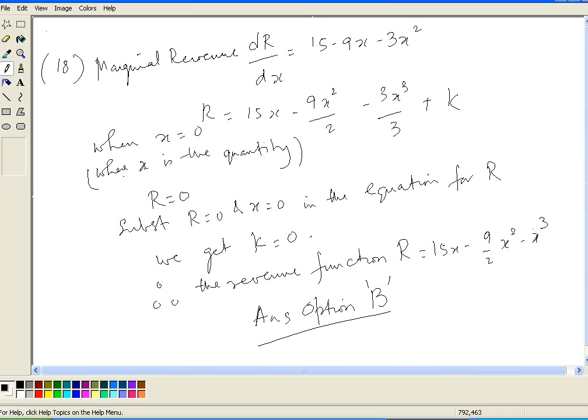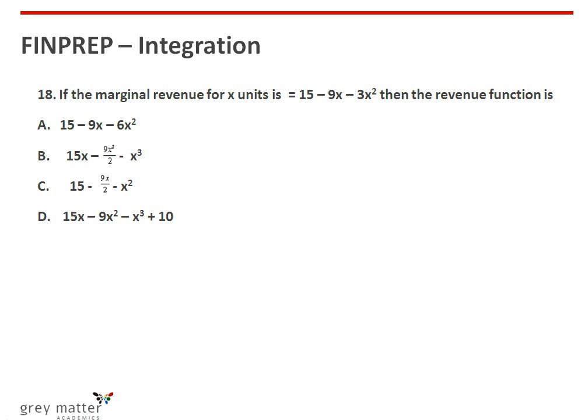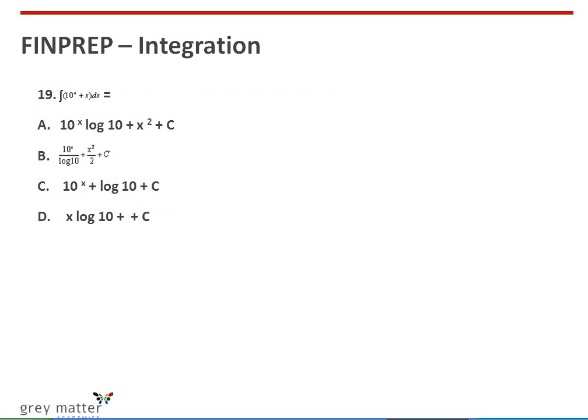Answer is option B. Going to our PowerPoint presentation, it is option B, 15x minus 9x squared by 2 minus x cubed. 19th problem, integral of 10 power x plus x dx.